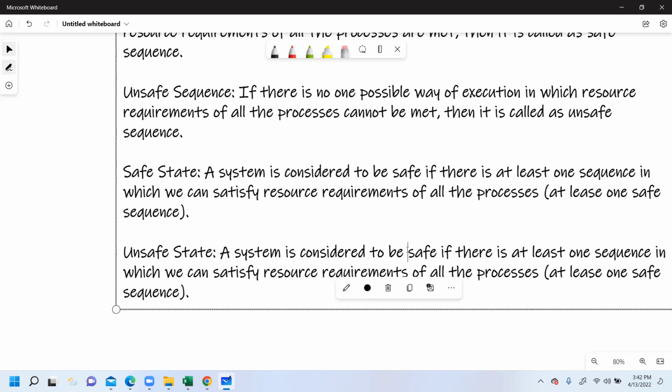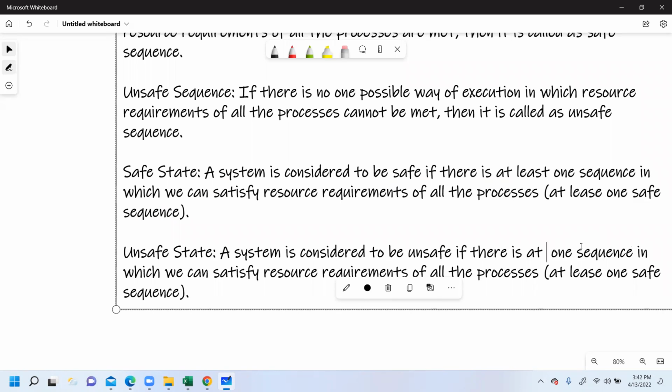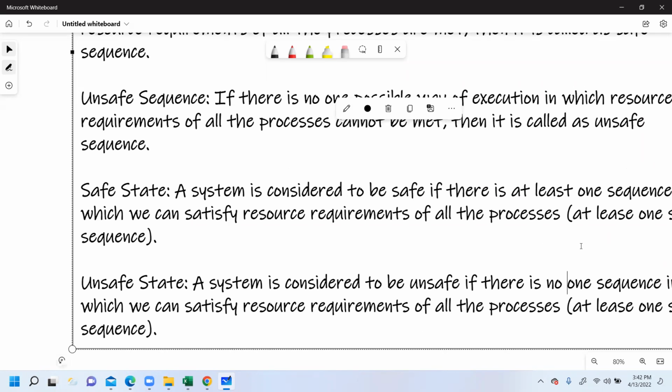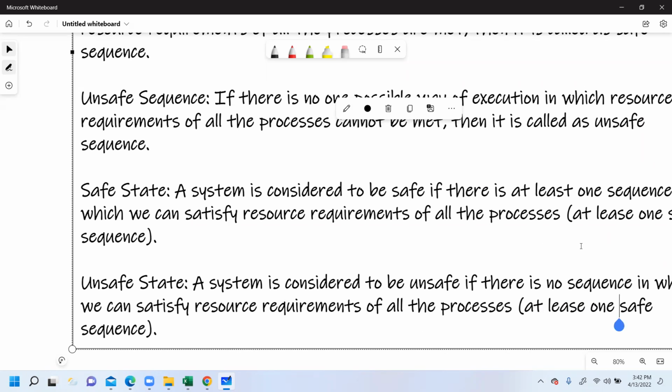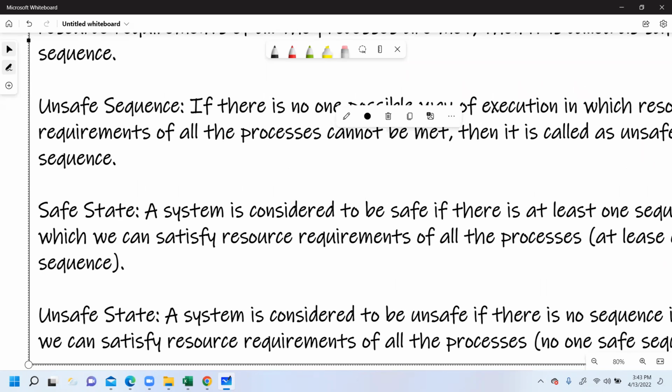A system is considered to be unsafe if there is no sequence in which we can satisfy the requirements, which means no safe sequence. I hope you are understanding the point. This is the definition from the textbook, and these definitions are given in different ways in different textbooks. I'm trying to synthesize whatever I understand in my own words.